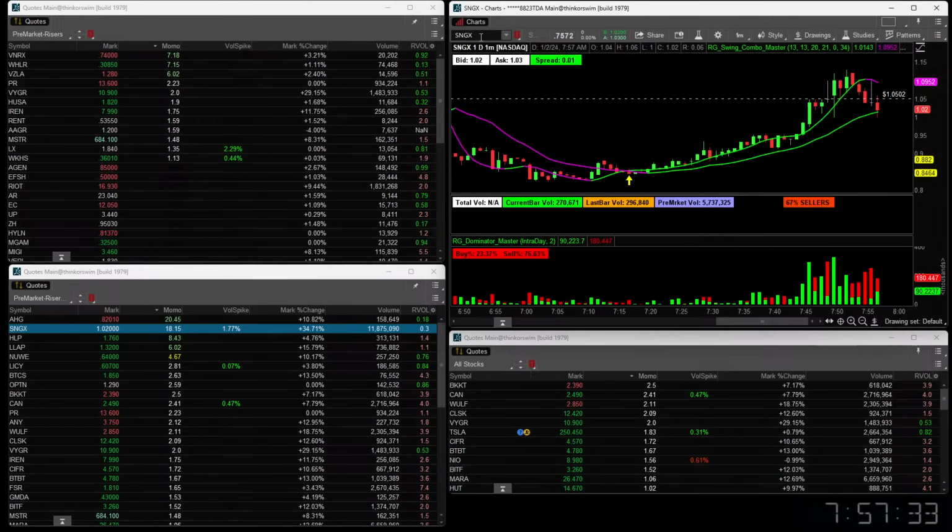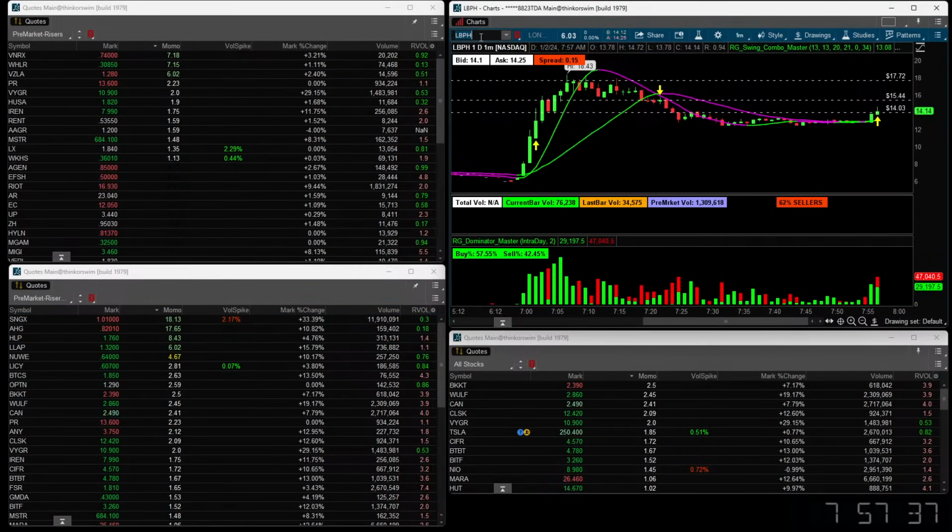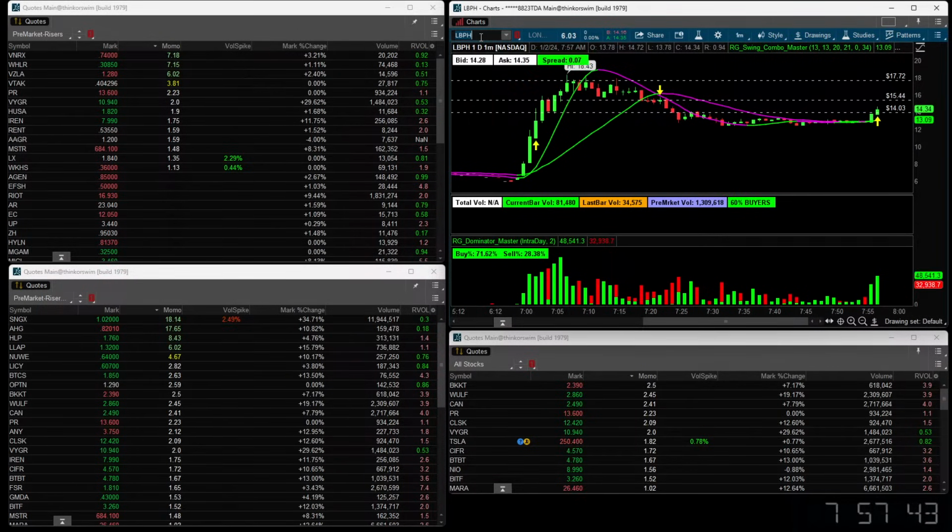LBPH, they're saying, is broke out. I wouldn't call that a breakout. That's a retest of resistance, or of support. I said that wrong.